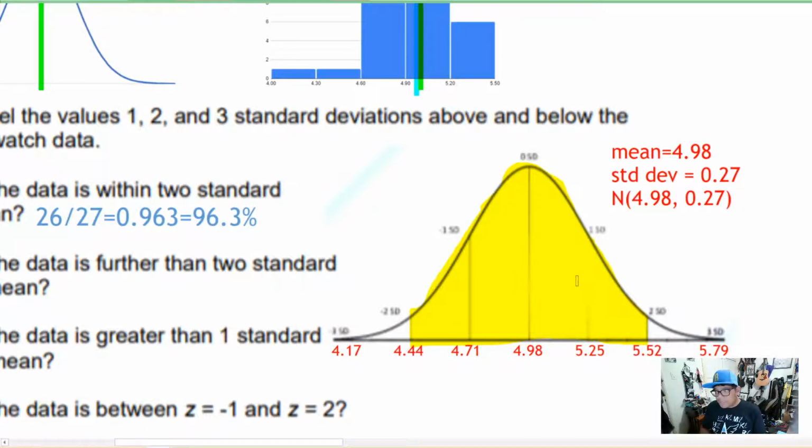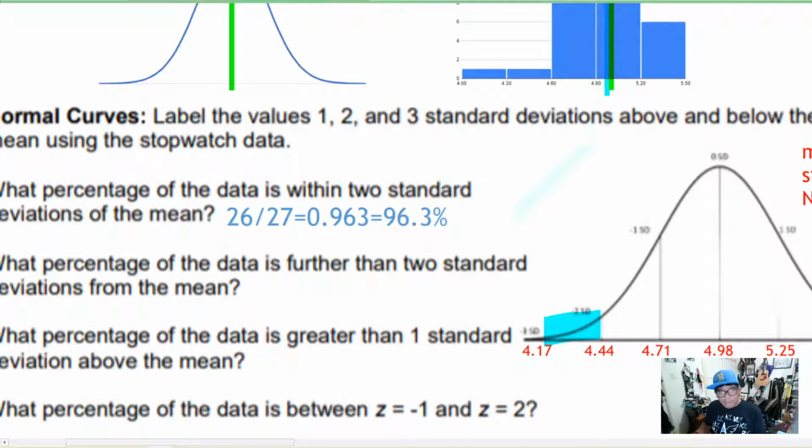By contrast, anything in this blue area is more than 2 standard deviations away from the mean. So anyone who had a time that was less than 4.44 or greater than 5.52 would be outside of 2 standard deviations. Now my data says that that is 1 out of 27, which is 3.7%.